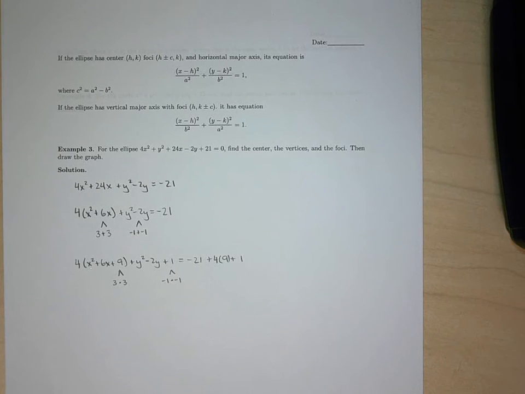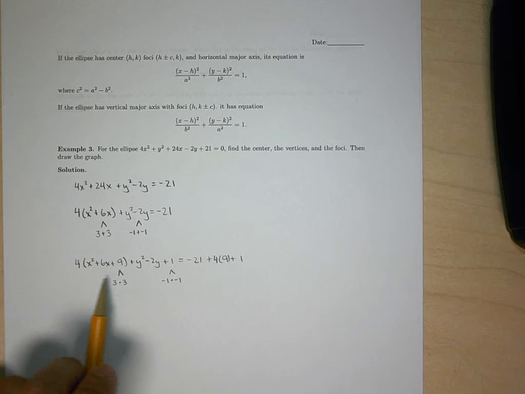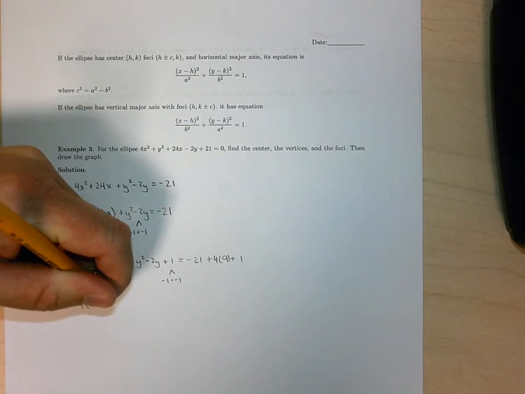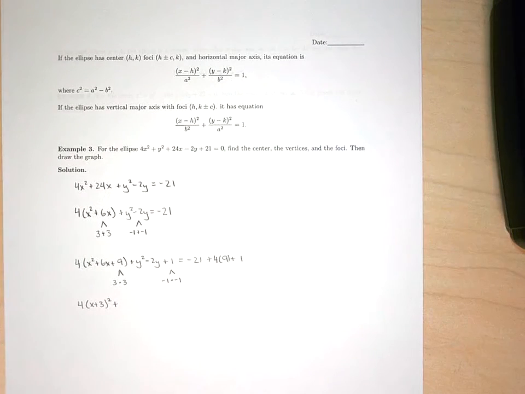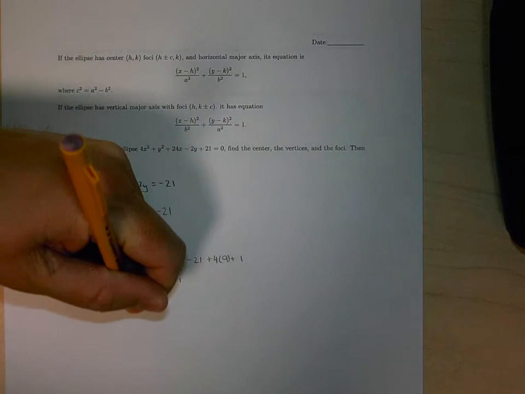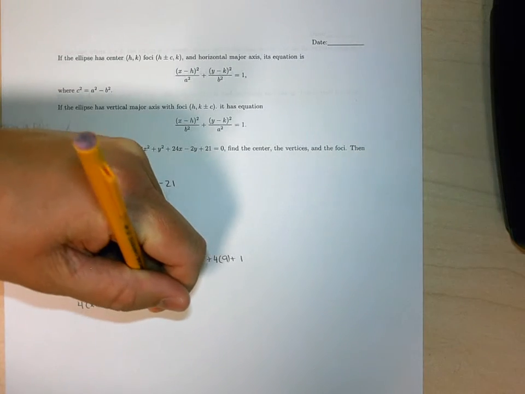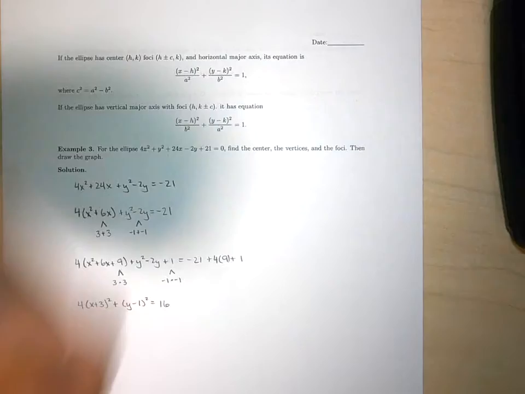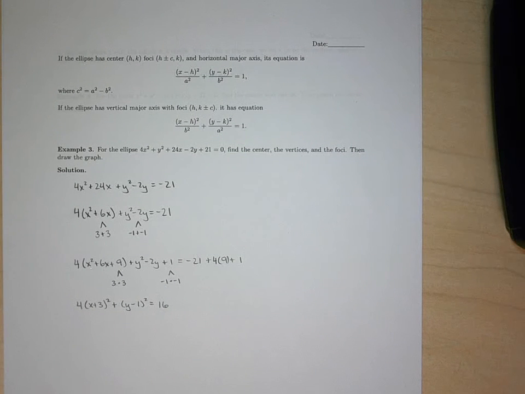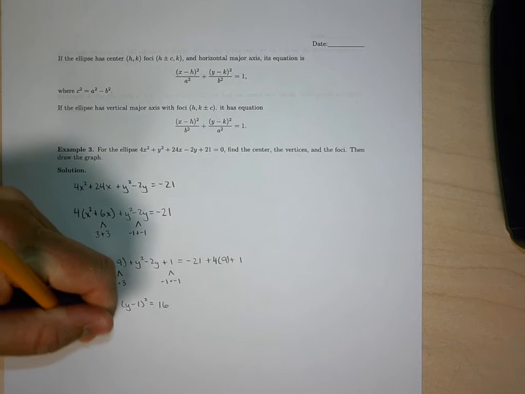Okay, so now let's factor. X squared plus 6x plus 9 is (x plus 3) squared. After all, the numbers that multiply to 9 and add to 6 are 3 and 3. Y squared minus 2y plus 1 is (y minus 1) squared. On the right side, if I add these numbers up, I get 16. Lastly, let's put this in standard form by dividing everything by 16.